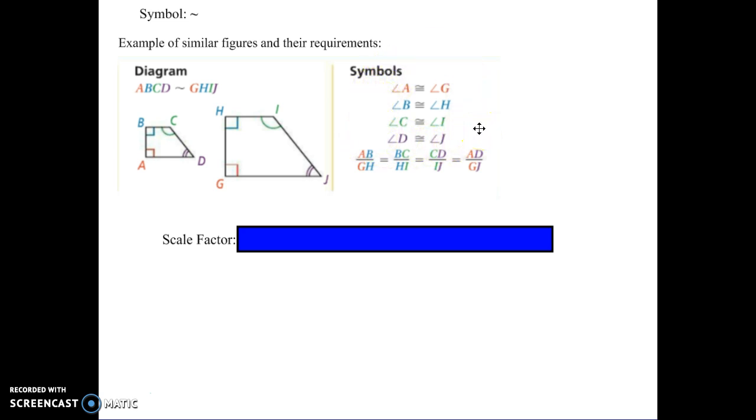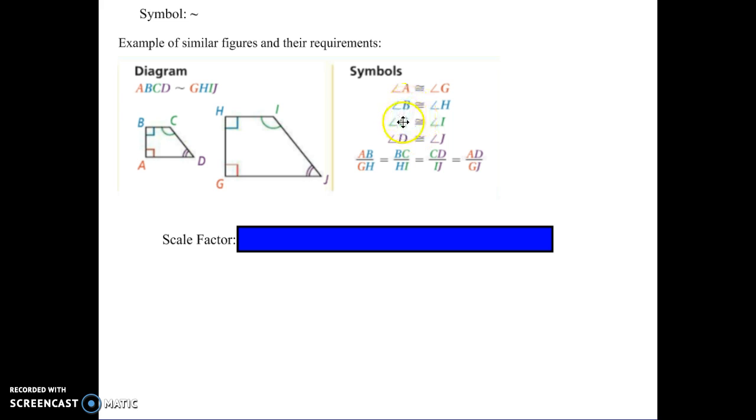Now the sides, we know when we have similar figures, will produce the same ratio. What you see right here is an extended proportion. You're going to have as many ratios as there are corresponding sides between the two figures. When I set up my extended ratio, I go through my letters in order. I start at the top and go to the next letter. So AB is what I put on top. GH goes over that because A and B correspond with G and H. And then I go to the next two letters.